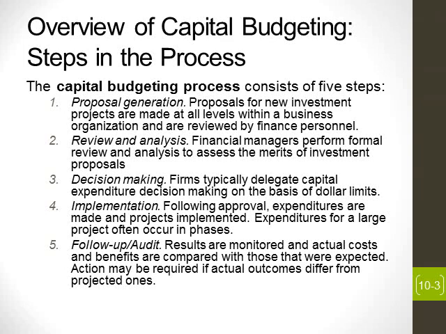Second stage is the review and analysis. Well, financial managers perform formal review and analysis to assess the merits of the investment proposals. Basically, a financial manager will collect all these proposals, will collect all this information, will make the calculations, some kind of budgets, some kind of estimates: how much is it going to cost, what's going to be our capital expenditures, what's going to be our operating expenditures, and then the financial manager is going to calculate when the company will be able to get the money back.